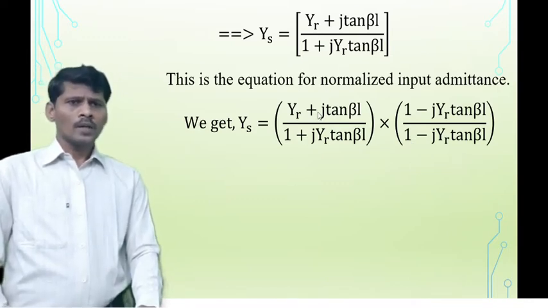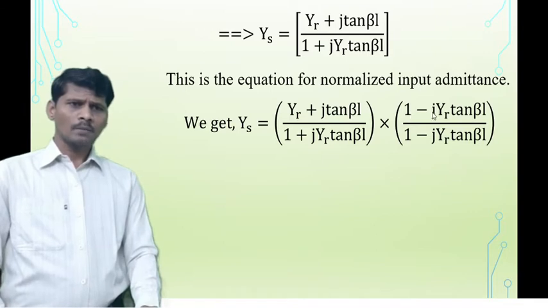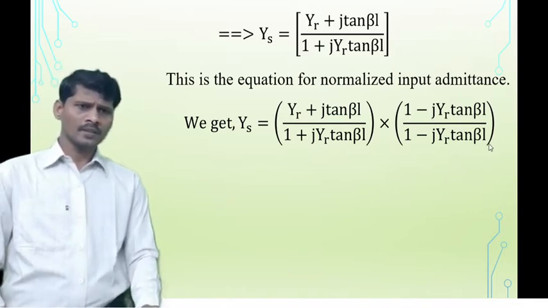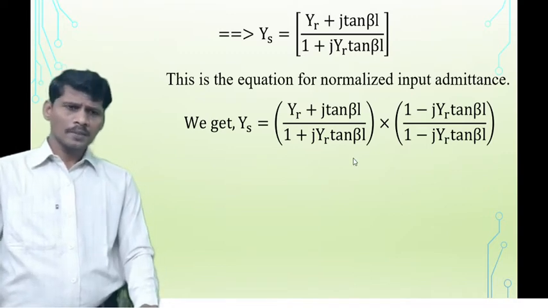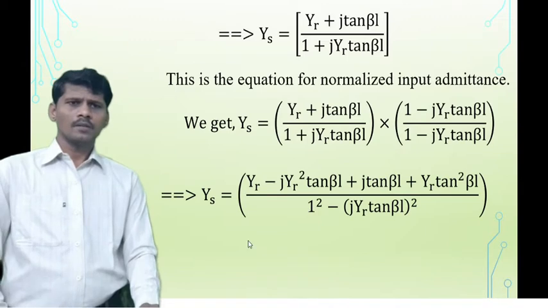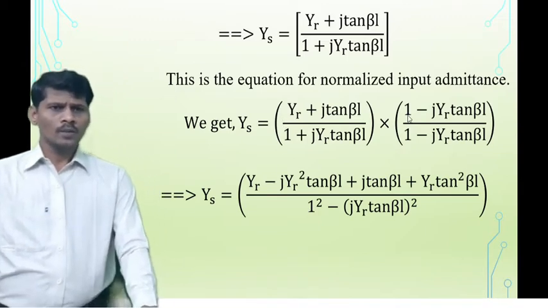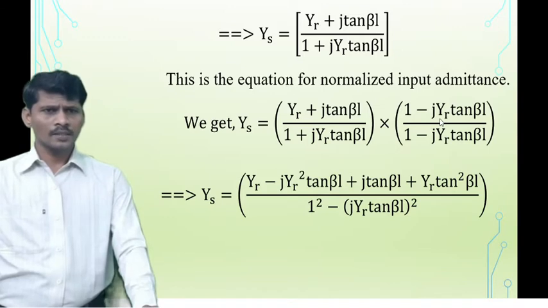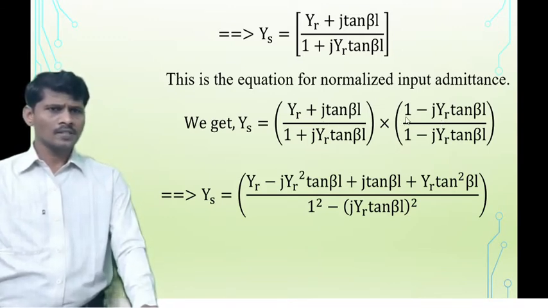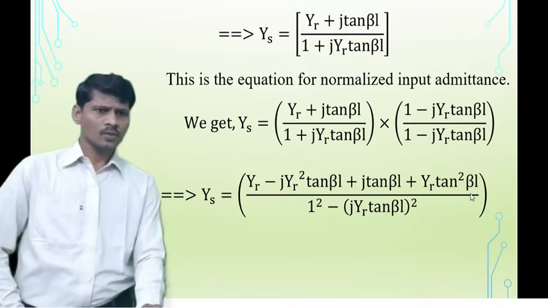Multiplying (yr plus j tan beta l) into (1 minus j yr tan beta l), and at the same time multiplying the denominator factors (1 plus j yr tan beta l) into (1 minus j yr tan beta l). Okay: yr into 1 is yr, minus j yr square tan beta l, plus j tan beta l, minus j square yr tan square beta l.